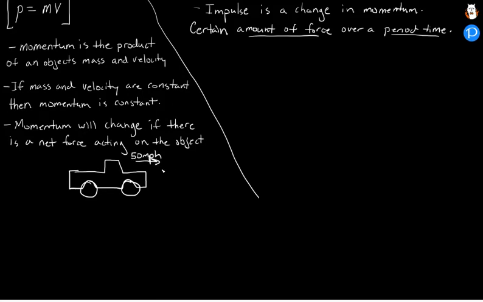It's got some momentum because it has a velocity and it has a mass. We won't worry about the mass at this point. But then all of a sudden, out of nowhere, popping up from the ground, we get this brick wall, and the truck runs right into it.